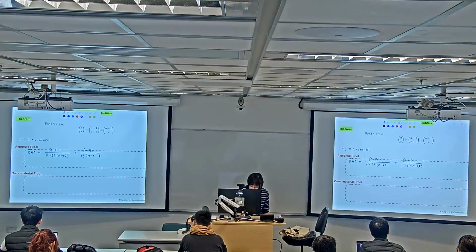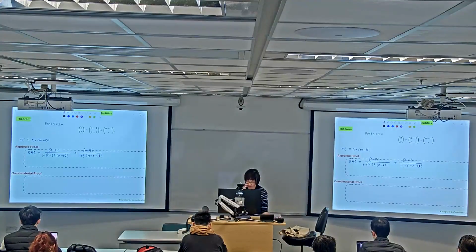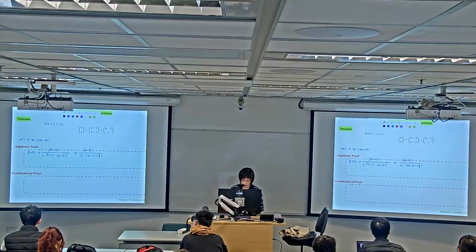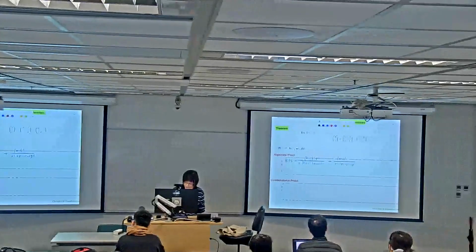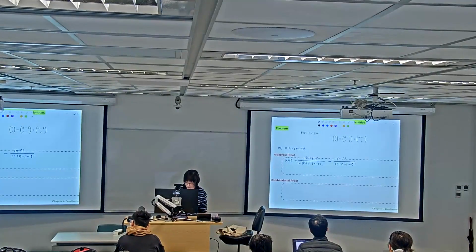So if we multiply an extra r together with r minus 1 factorial, this can be combined to have r factorial, but we need to also multiply r in the top to cancel it. So this together is r factorial.